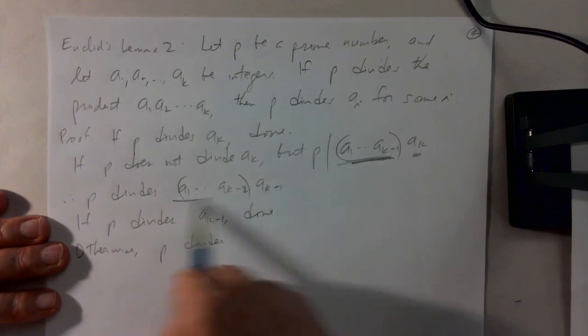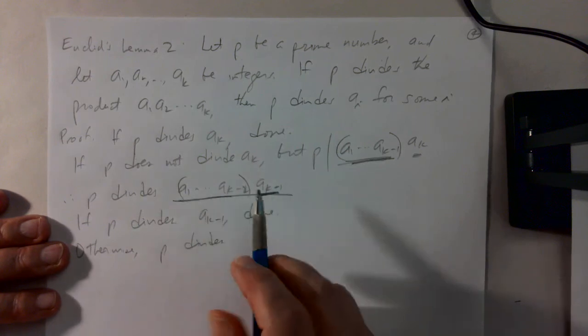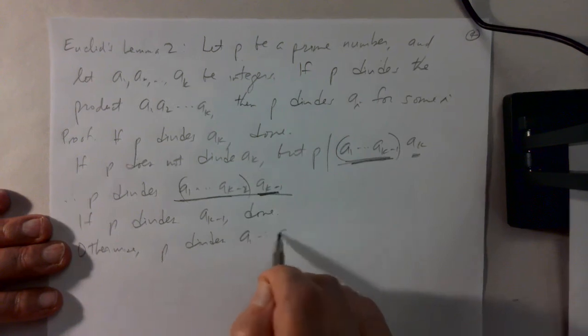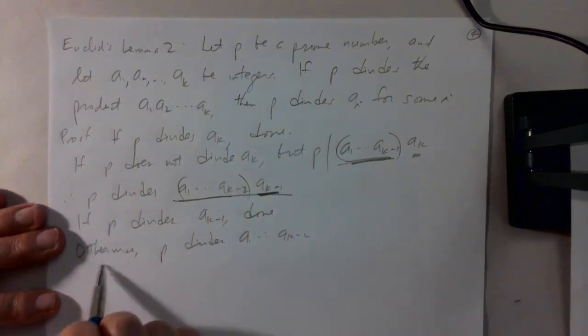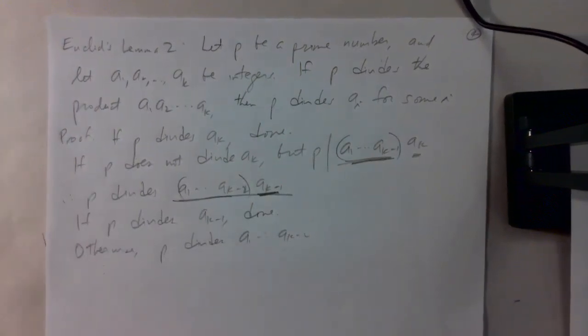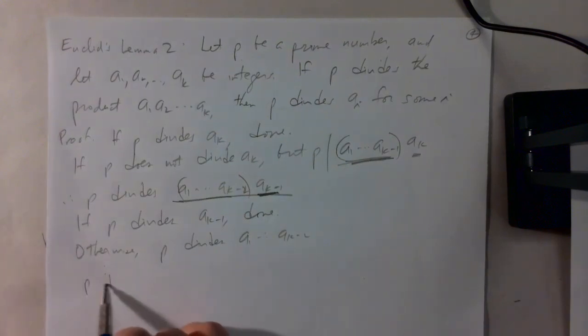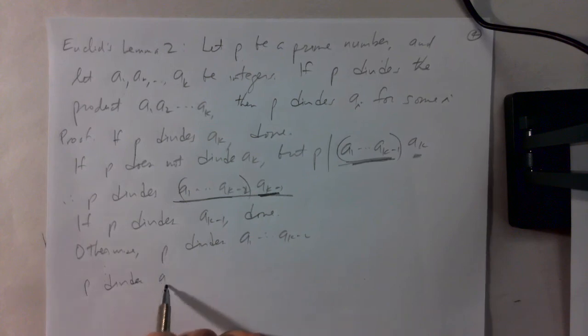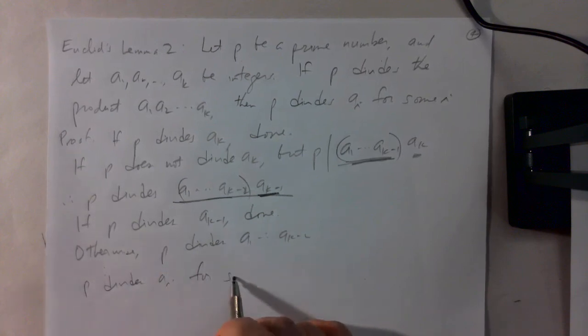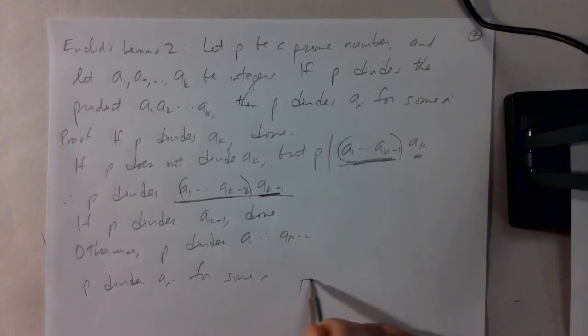If p divides this product and it doesn't divide this factor, it divides this factor. And we just continue step by step, knocking off factors until finally we get p divides a sub i for some i.